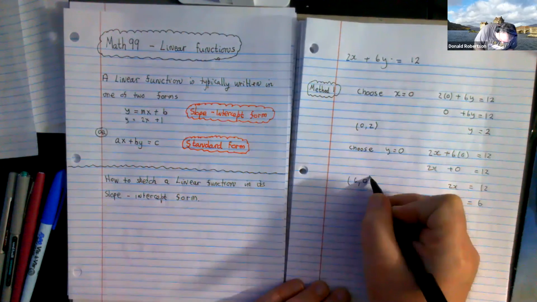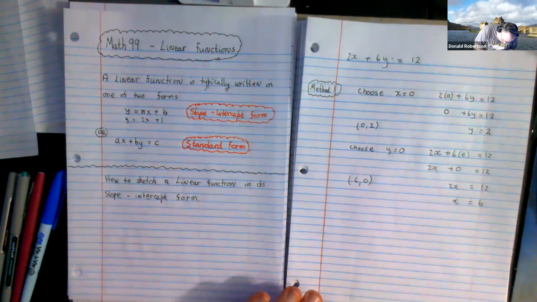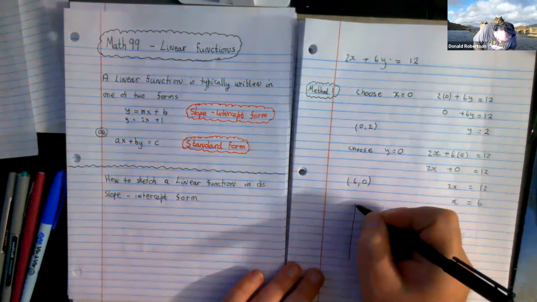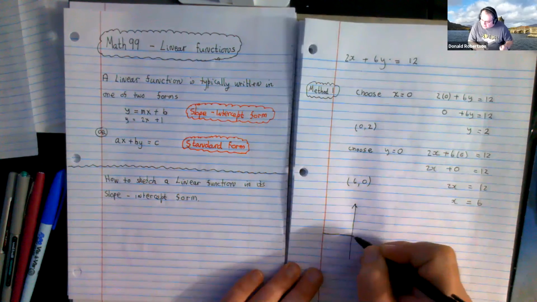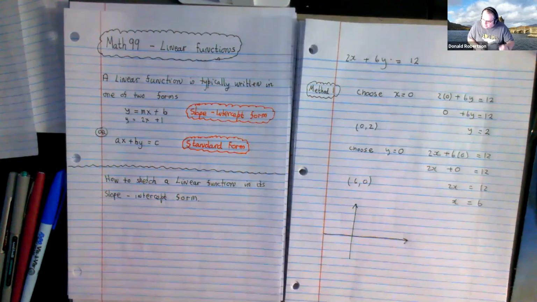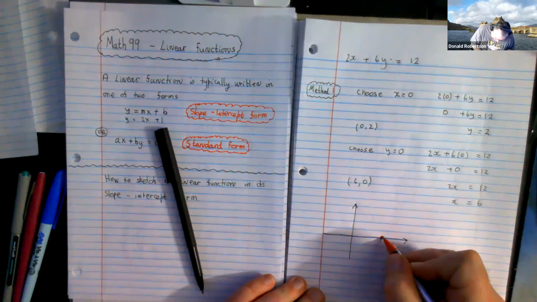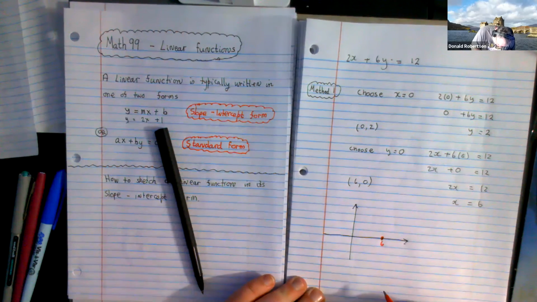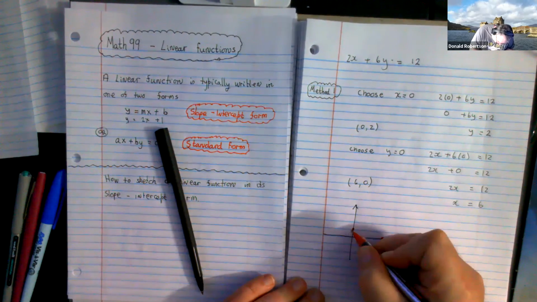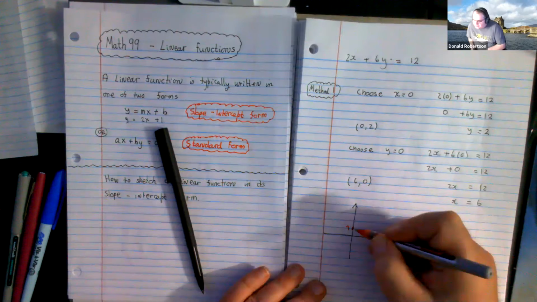To save some time, can we pretend that I went over to WebAssign and did the dot thing? Are we comfortable about how to do the dot thing? If I did the dot thing, wouldn't I do a 6, 0, which would be here, and a 0, 2, which would be here, and then WebAssign would do the rest, right? And we'd be finished.